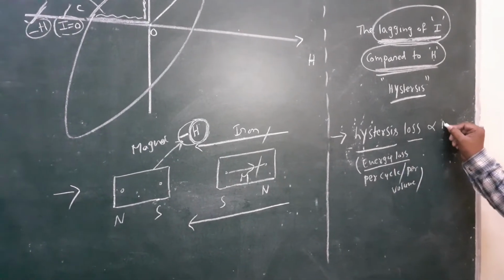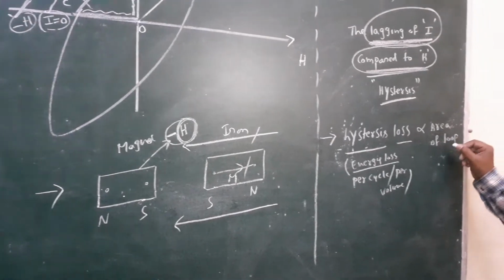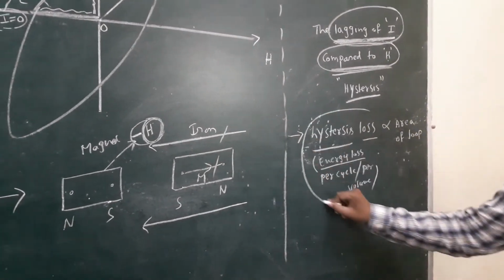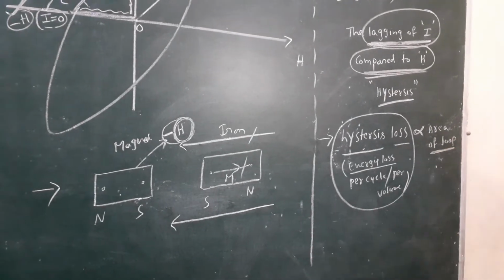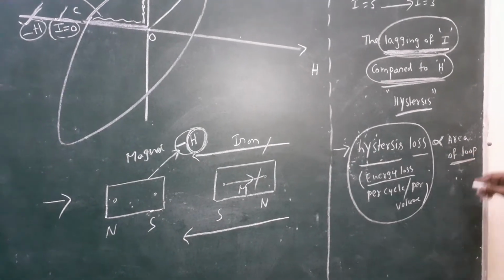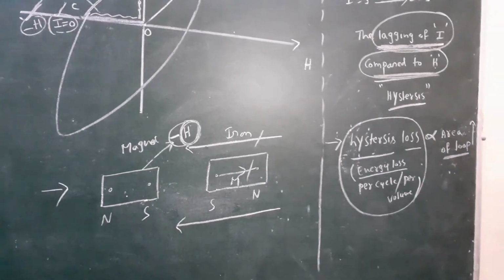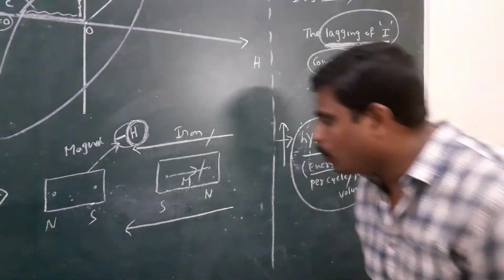Experimentally, it mainly depends upon the area of the loop. That means energy loss is directly proportional to the area of the loop. According to this concept, if the area of the loop is more, the hysteresis loss and energy loss are also more.